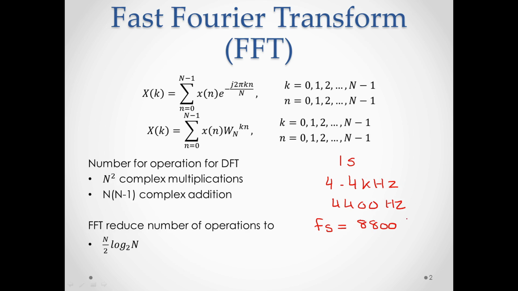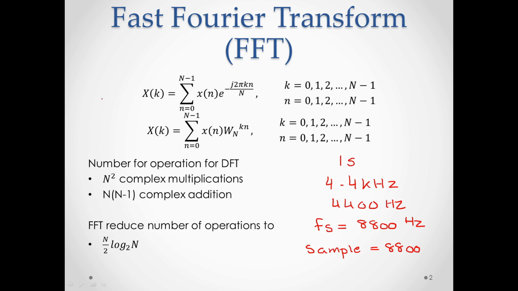That would be your sampling frequency. Now as the signal is for 1 second, our total samples would be equal to 8800 samples.